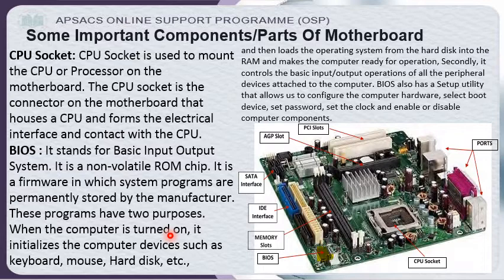The second function of a BIOS is it loads the operating system from your hard disk inside the RAM. So the RAM is basically taking the data from where? From the hard disk or not? And the operating system is stored where? The operating system is also stored on the hard disk.